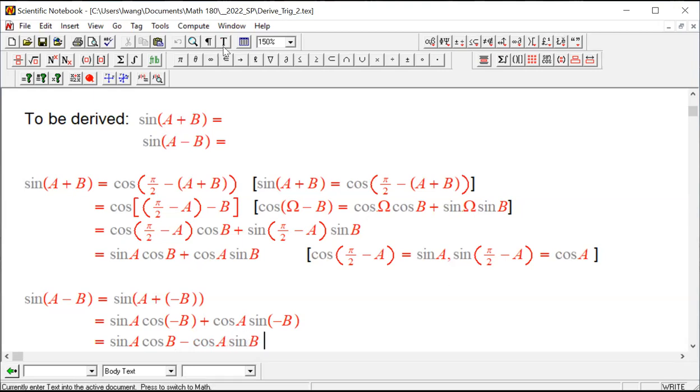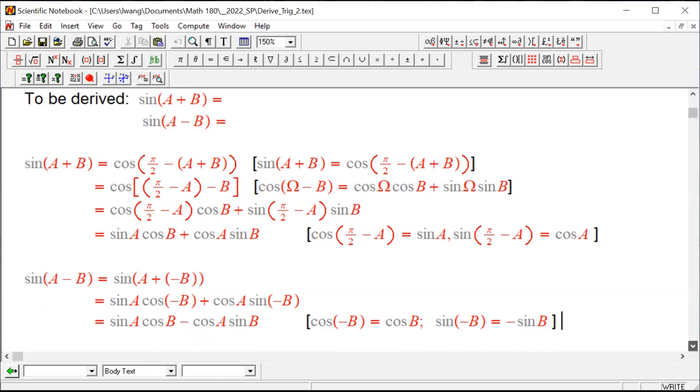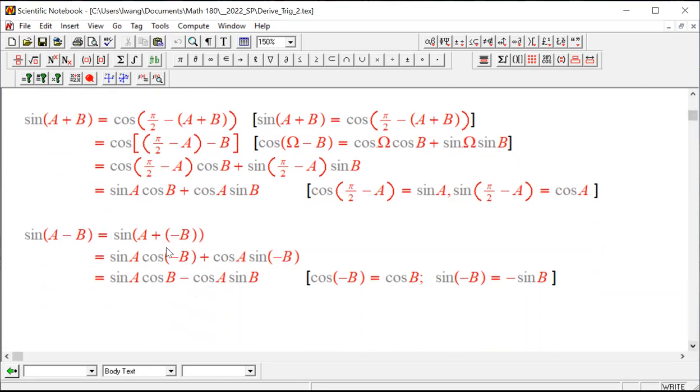We use the property of even function: cosine negative b equals cosine b, opposite input, same output. Sine negative b, this is an odd function, and that equals negative sine b. So that's the second formula we got for this lesson.